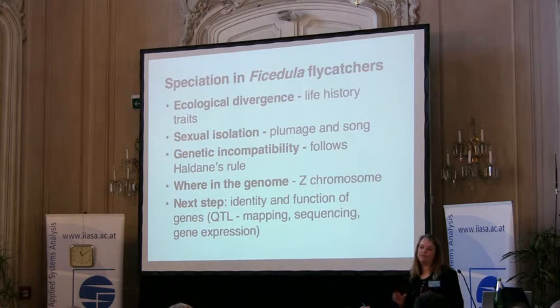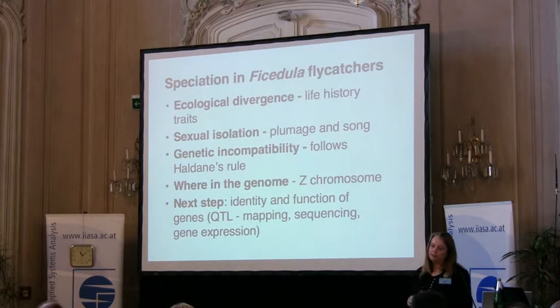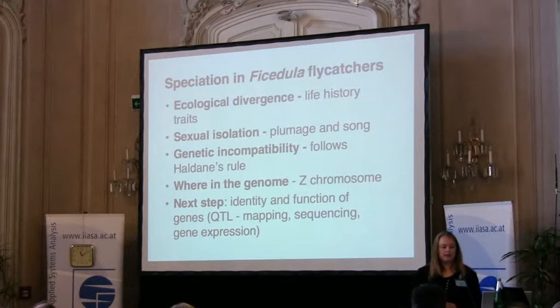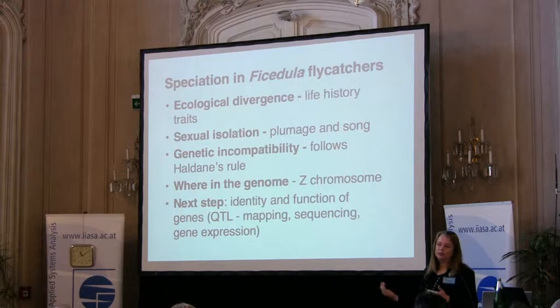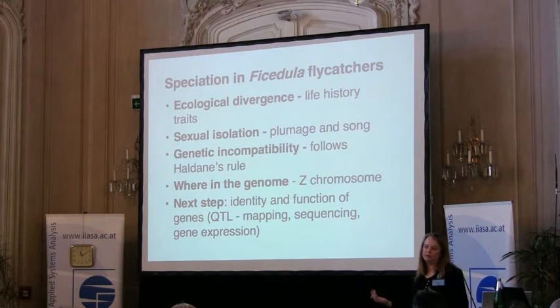And we have established the Z chromosome as an important genomic region that we can home in on for future analysis. And the next step would be to actually identify the genes and be able to ask questions about whether it's the same genes that are involved in the traits causing ecological differences between the species that later cause these genetic incompatibilities.